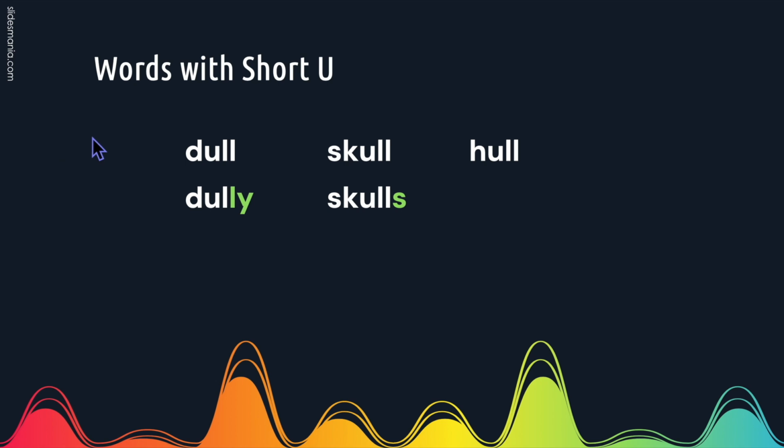Here are some words that use the short U sound, even though they look like they would rhyme with pull and full. Dull, skull, hull, dully, so we can add a suffix, skulls. Again, most of the time the words with ULL will have the third sound, but these are some of the words where it has the short sound.